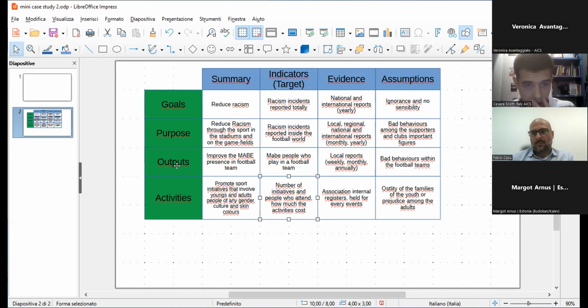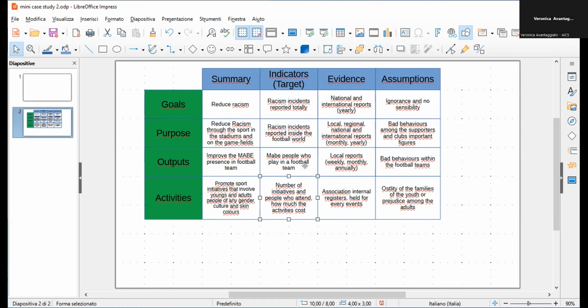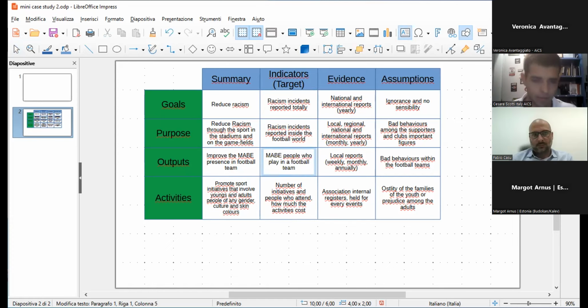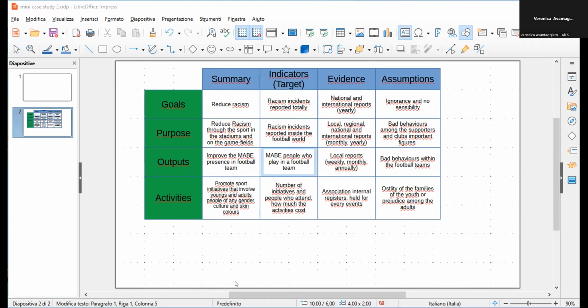Then at the outputs, this leads to the output, and I also wrote BAME, which is Black, Asian, and minority ethnic.